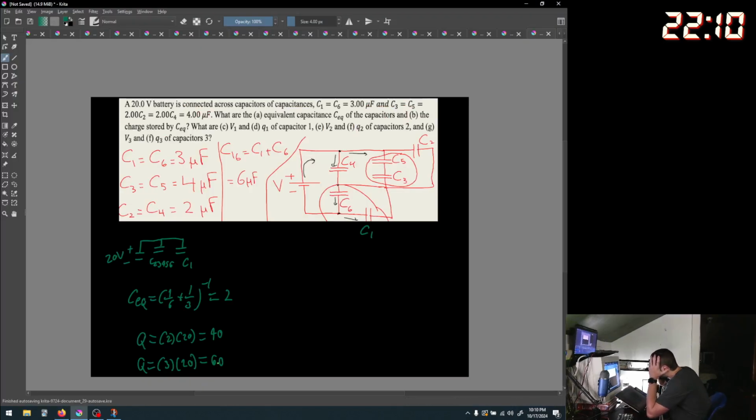I see my blunder. I guess that there's some kind of invisible line here, which makes sense. This is the plus half, that's the minus half. And then these would be in series.